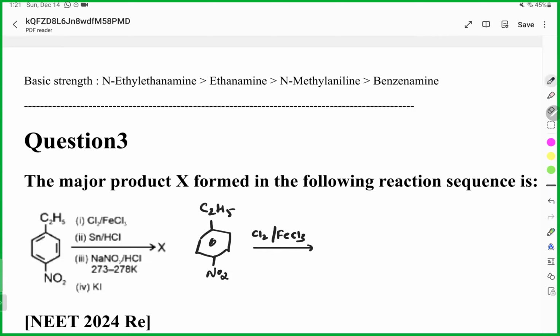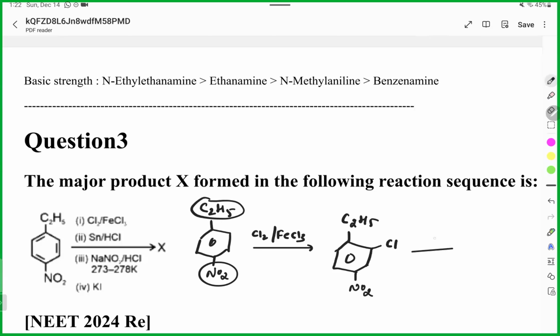But here NO2 is meta directing and C2H5 is ortho directing. So there is only one possibility: chlorine will be added at the ortho position because it is ortho for C2H5 and para for NO2. Correct. Then Sn/HCl will convert it into C2H5, Cl, and NH2.